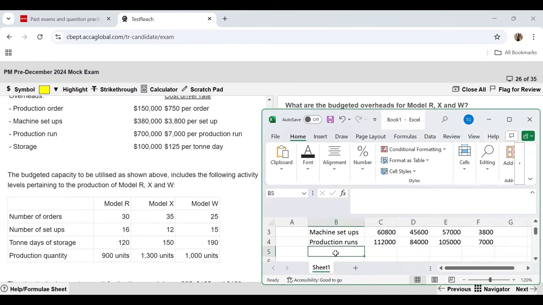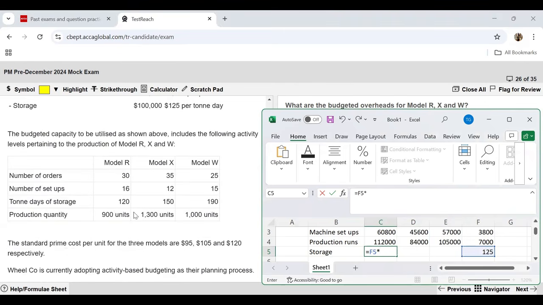Then the next thing that you're supposed to divide is with respect to your storage. So as far as the storage is concerned, it's $125 per ton day. So ton days are directly given to us. 125 multiplied by how many ton days do we have for Model R? That is 120 ton days of storage.